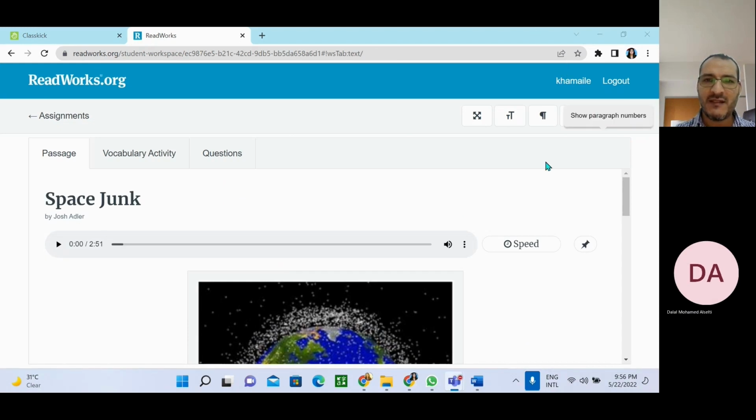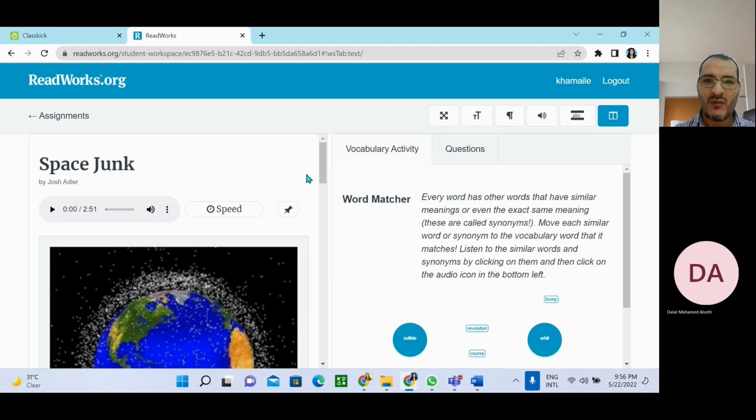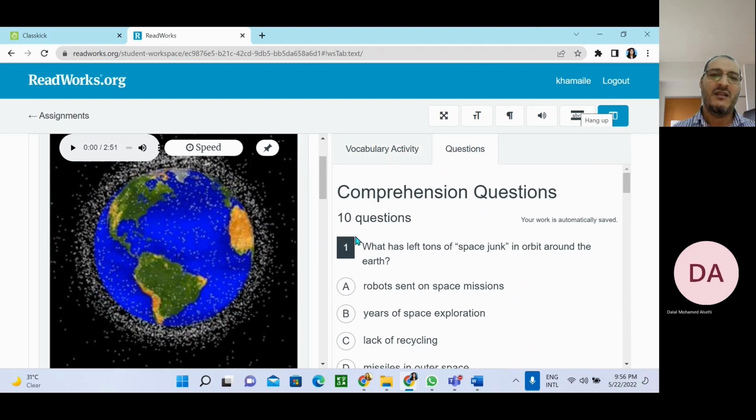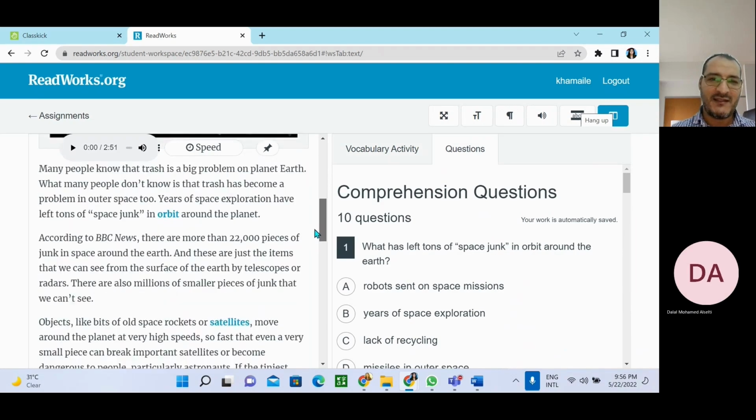Well, make two sides, please. Divide the page into two sides. That's perfect. Now you can skip the vocabulary activity. Let's start with the questions. Click on the question label here. We have vocabulary activity and question. Yeah, here we go. That's great.